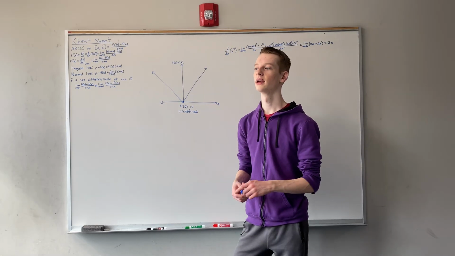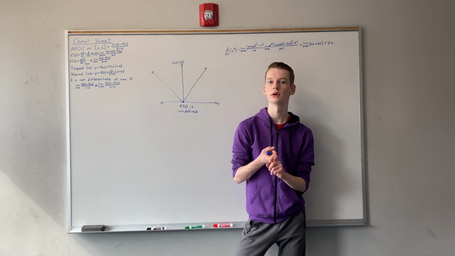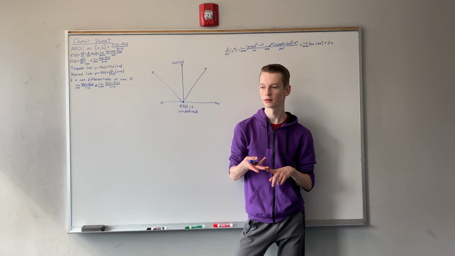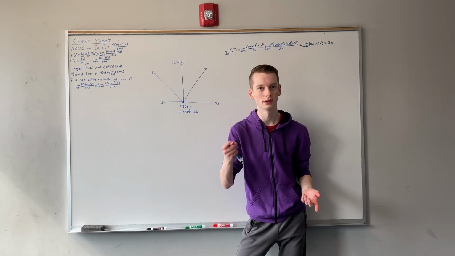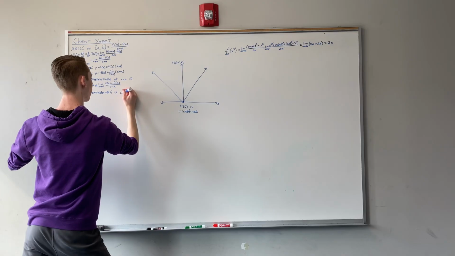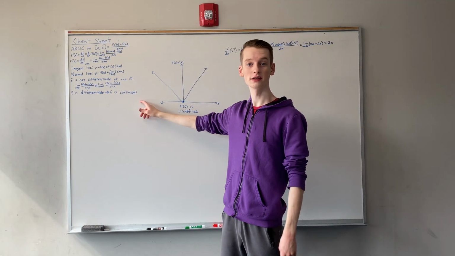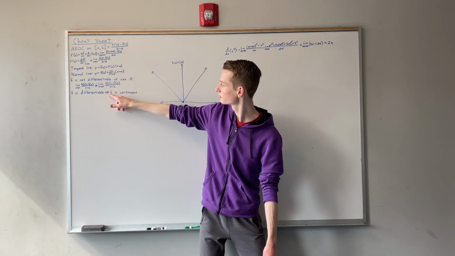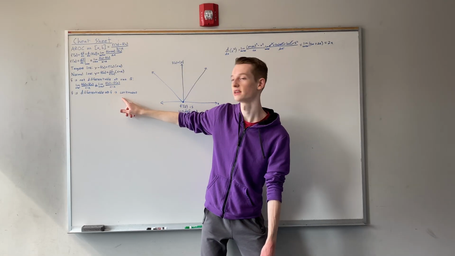Well, hey, if we can plug in at a point and we can also approach that point from the left and from the right, that's just the definition of continuity. So if f is differentiable, then it must be continuous. F is differentiable implies, that's what the arrow means, implies f is continuous.